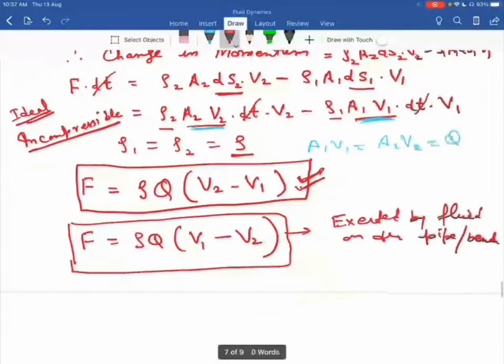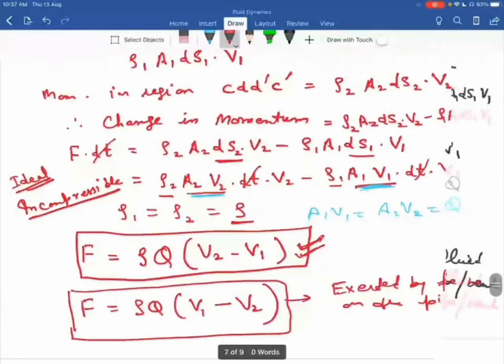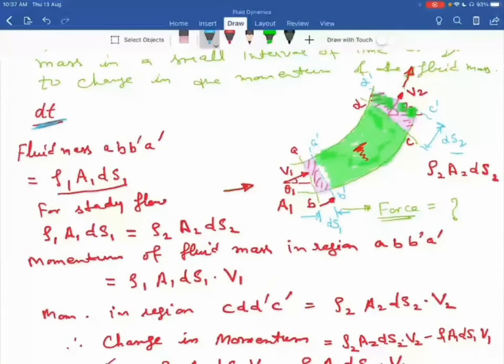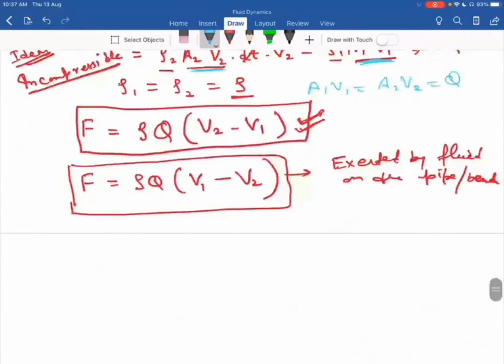ठीक now further you can see here, for V1, velocity is a vector quantity. Okay we can resolve it along x direction and y direction. X direction component is V1 cos theta 1, y direction component is V1 sin theta 1. Similarly for V2, V2 cos theta 2 and vertical component is V2 sin theta 2. ठीक है so that means the force from this equation gives us the resultant force.